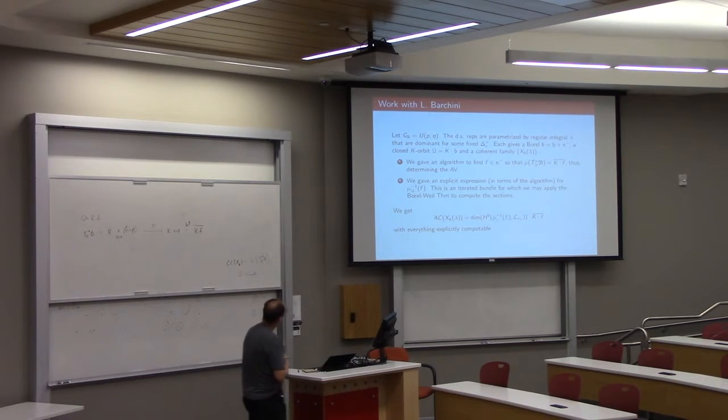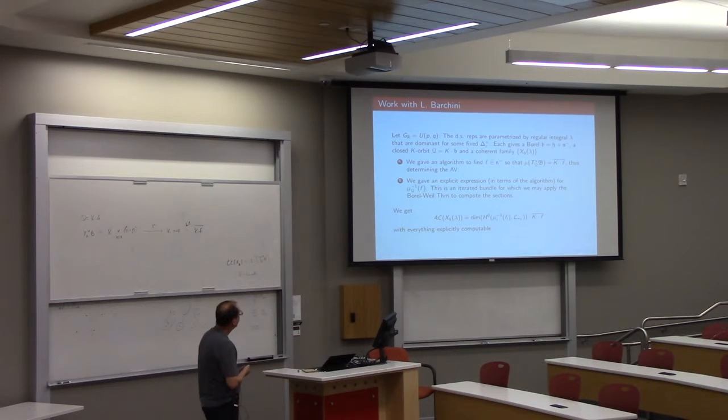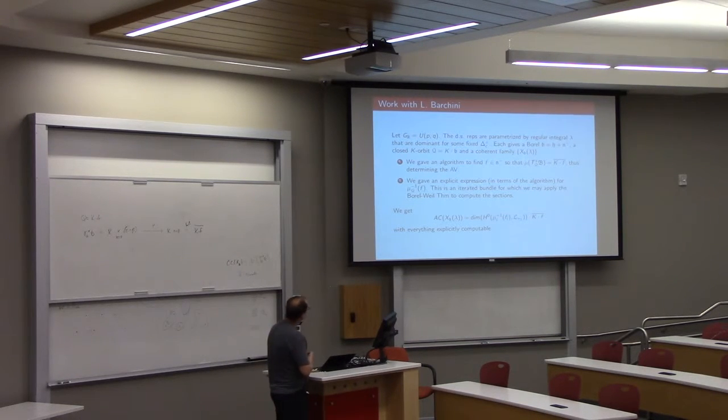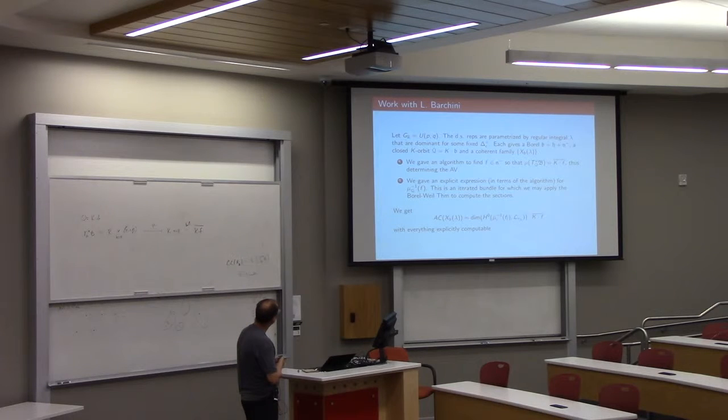So what we did was, we took our first classical group, U(p,q), and discrete series are parameterized by regular integral weights, and you can assume they're dominant for some fixed positive root system of K. And so we took that lambda, dominant regular integral, and found an algorithm to find the F that gives the moment map image.